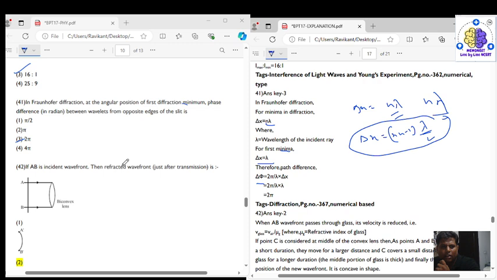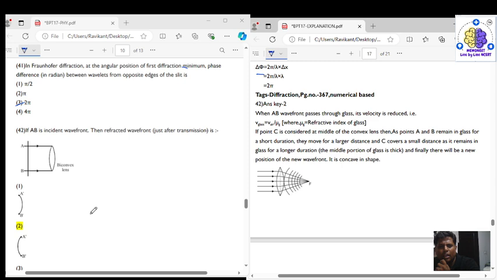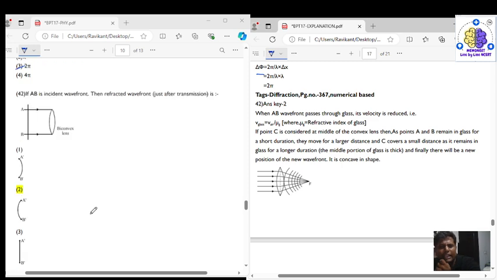Now let's come to question number 42. In question number 42, it says that if AB is the incident wavefront, the refracted wavefront is. Now see, this parallel beam of light has a plane wavefront. When it passes through a convex lens, the light rays will converge, right?